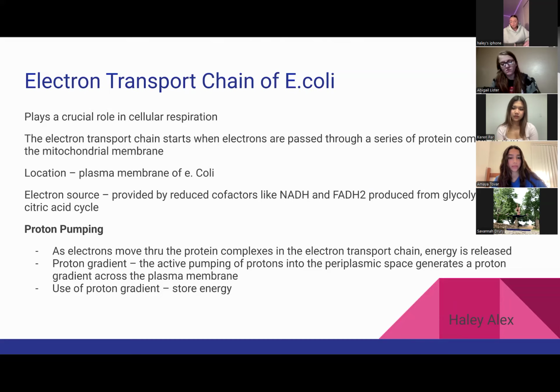The use of the proton gradient is to store energy, and the energy is used by ATP synthase to synthesize ATP as protons flow back into the cell through the ATP synthase complex. This process is known as chemiosmosis. Protein pumping is important because it creates the necessary electrochemical gradient for ATP production.